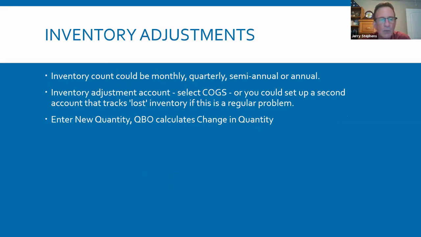It will allow for what they call an inventory adjustment account, which could hit cost of goods sold, or you could set up another account which tracks lost inventory if that's the way you prefer to handle it. Basically, you input your actual inventory count for an item, it compares it to what's in its books, and then calculates the change in inventory and books that to the appropriate account for you.